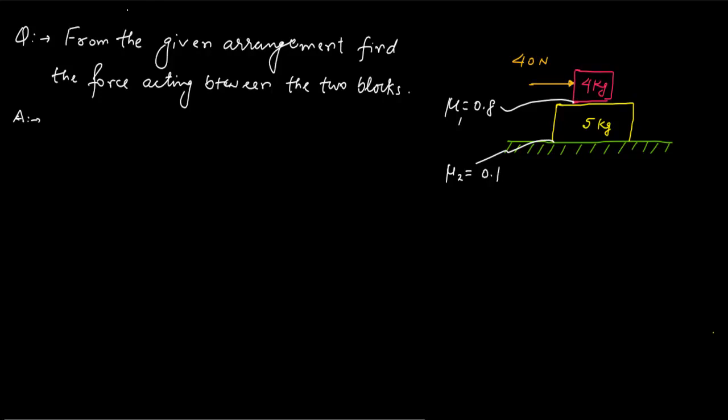So as I have told you in the previous lecture, what we have to check in such a situation is whether there is a relative motion between the blocks or not.